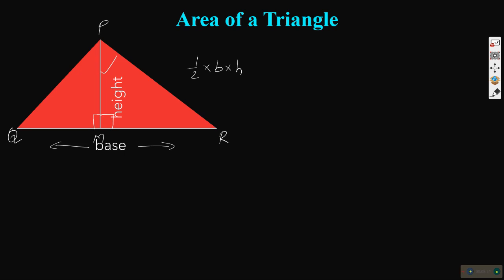For that we are going to do some construction. This particular height we have already taken, and it has divided this particular triangle PQR into two triangles. Which are they? One triangle is triangle PMQ and the other triangle is triangle PMR, correct?